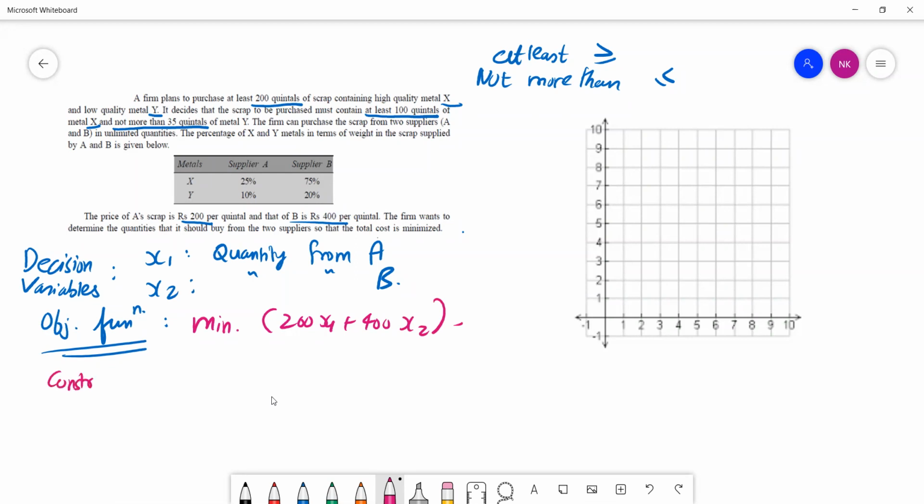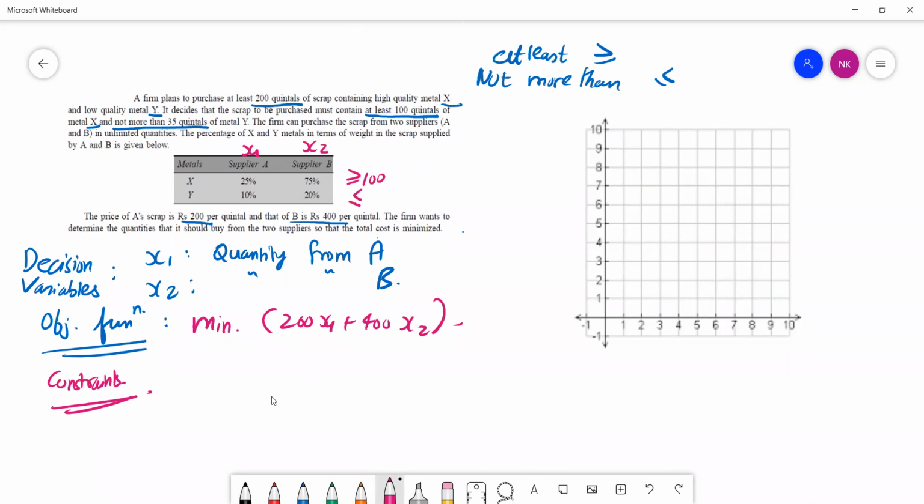The constraints are, if you read clearly, that the scrap needs to contain at least 100 quintals of X. From A we are purchasing X1 and from B we are purchasing X2. So for metal X, our purchase should be greater or equal to 100.